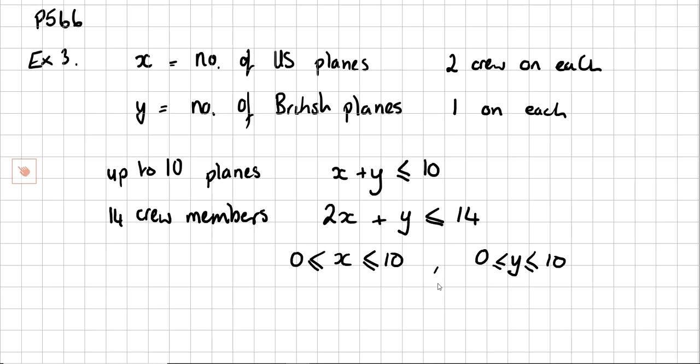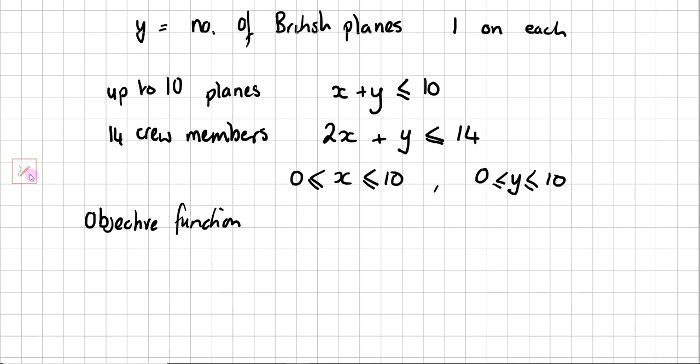Now, we've got our constraints. What about our objective function? What do I want to maximize or minimize? I'm trying to work out the maximum I can carry. So the maximum weight of supplies.